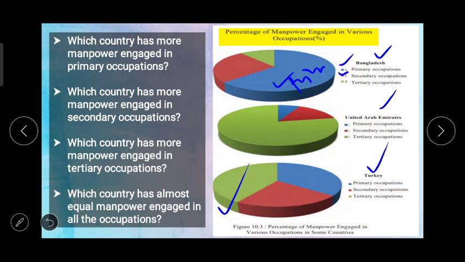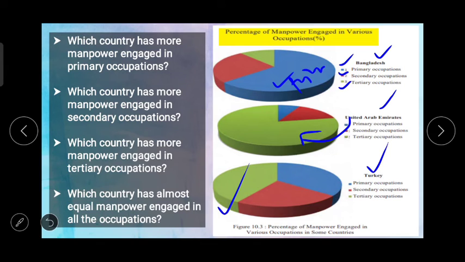Bangladesh and Turkey, because United Arab Emirates is not in the list. So between Bangladesh and Turkey, you have to find the answer. Then third one, which country has more manpower engaged in tertiary occupations? For tertiary, we have green color and the picture is very clear.